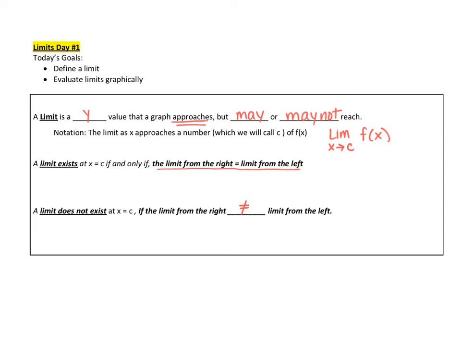And we would write DNE for the limit does not exist. That's what the D, N, and E stands for. So a limit does not exist if the limit from the right does not equal the limit from the left. So these are the three definitions that we're going to use throughout the lesson today.